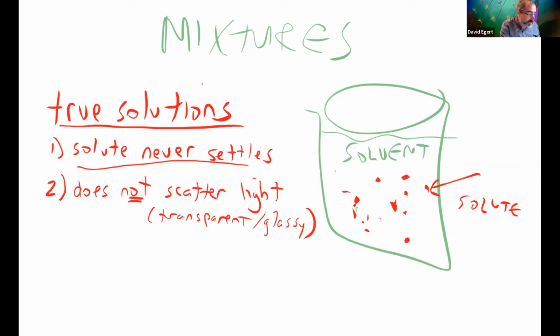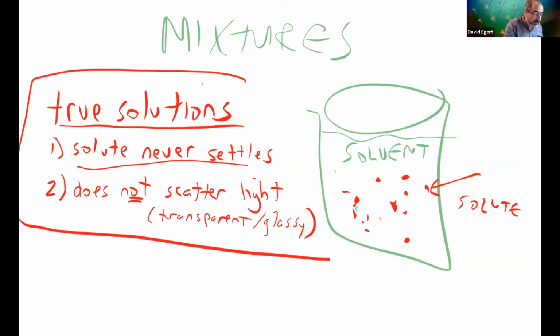And that's because the solute particles are so small, they don't affect the passage of light. So that's true solutions, and a lot of the stuff we're going to be talking about are true solutions. Again, the sugar water, the salt water.